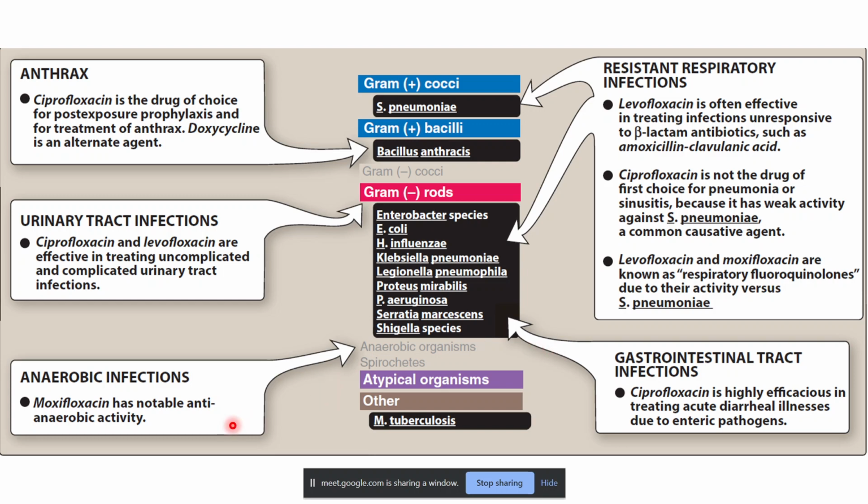Some anaerobic infections can be treated with moxifloxacin, and it is sometimes used in combination treatment for tuberculosis. So these are the antibiotic spectrum of the fluoroquinolones.